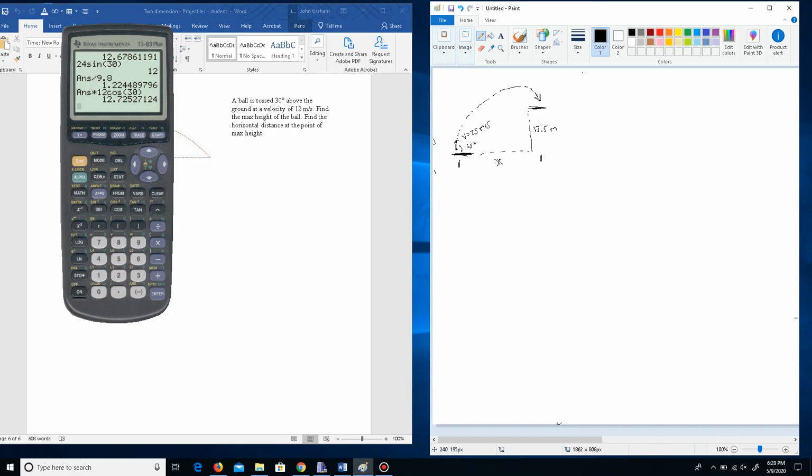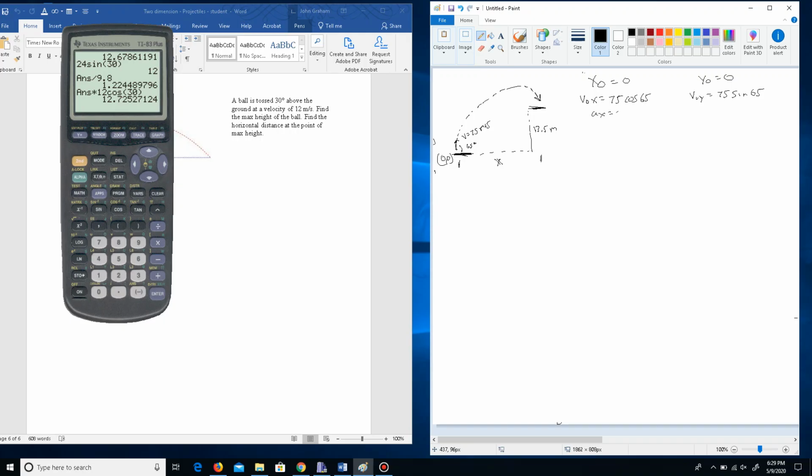Okay, so let's go with what we know and where we want to start our coordinate system. Well, since we're firing down here at the lowest point, I'm just going to start my origin here at 0, 0. So my x sub 0 is 0, my y sub 0 is 0, my v sub 0 x is going to be 75 cosine 65. My v sub 0 y is going to be 75 sine 65.